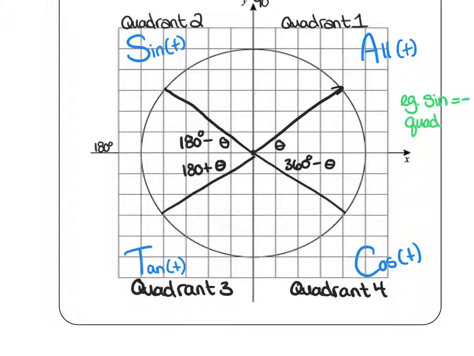Sine is positive in quadrant 1 and quadrant 2, which means that for sine to be negative, both my angles are going to be down here in quadrant 3 and quadrant 4.